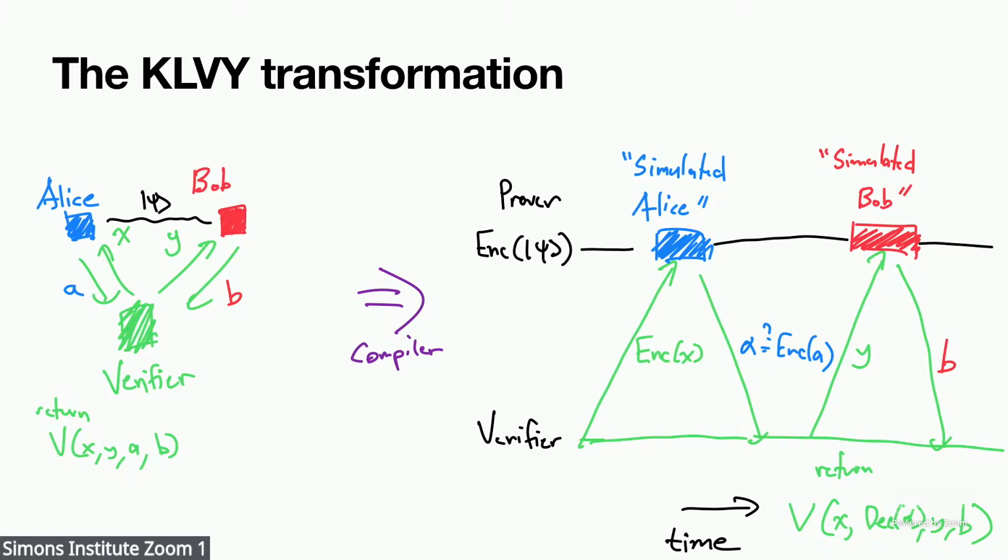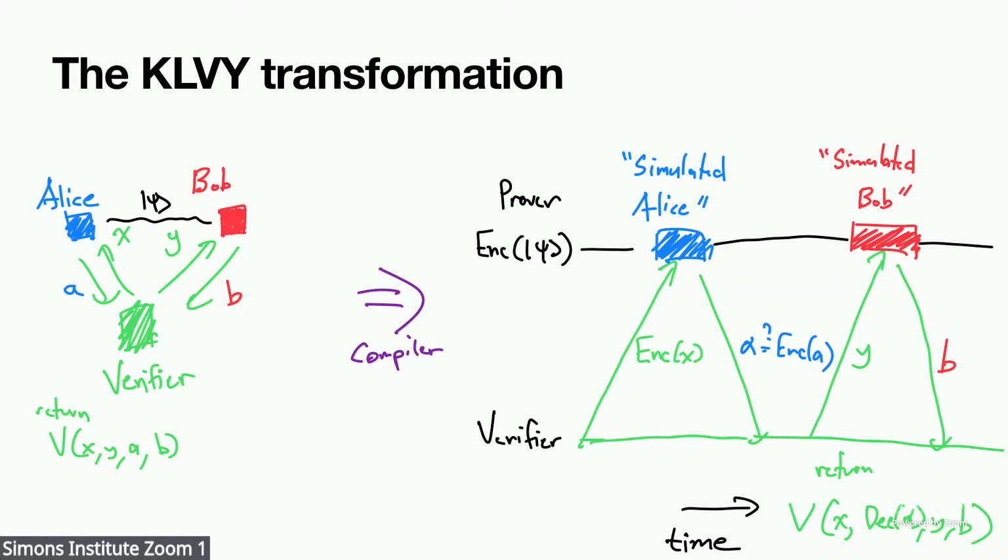This is why we're using homomorphic encryption, because it lets us compute on encrypted data. So you get back this alpha, which is meant to be an encryption of Alice's response. And then the verifier will send Bob's challenge, in this case with no encryption, and get back a response B that's meant to be Bob's response.